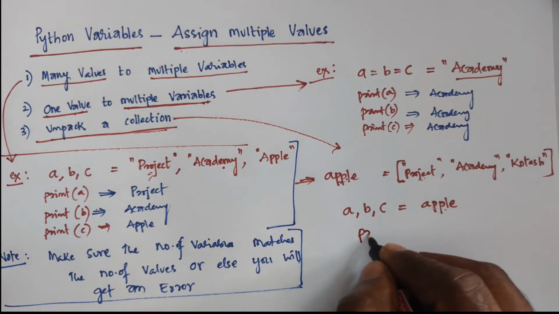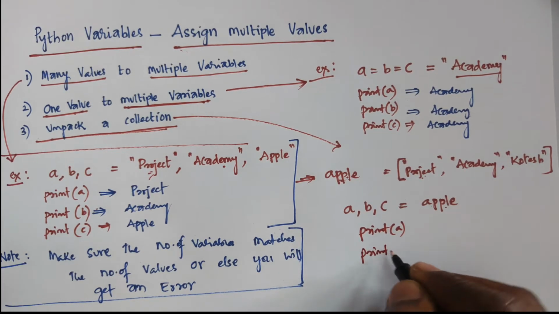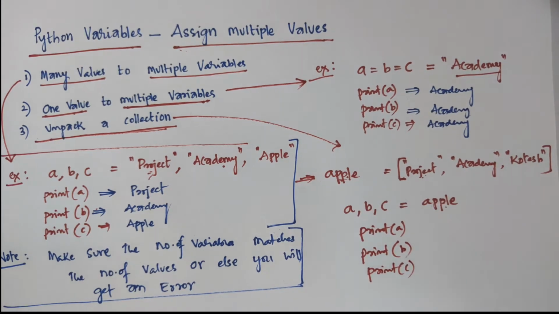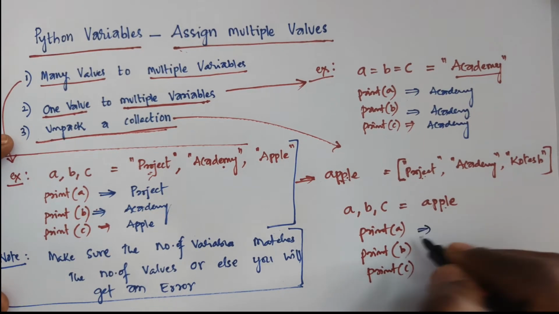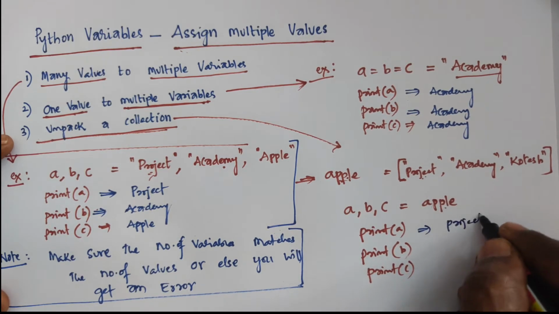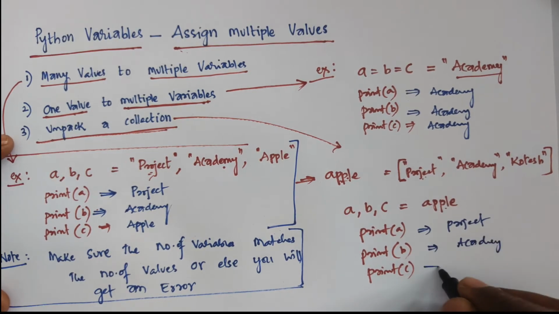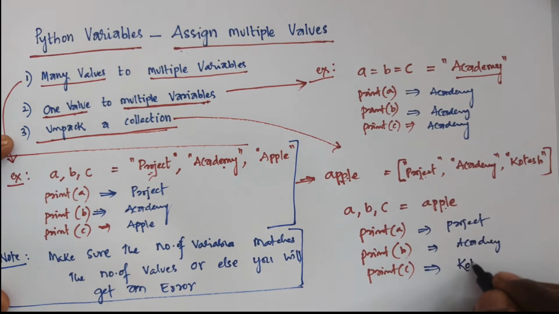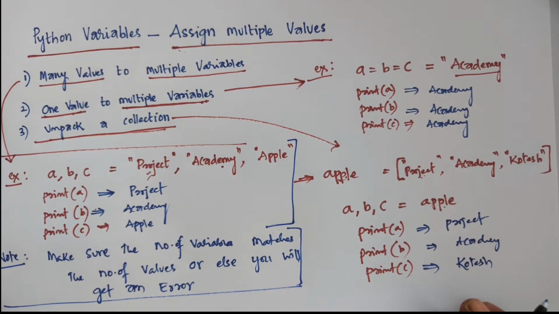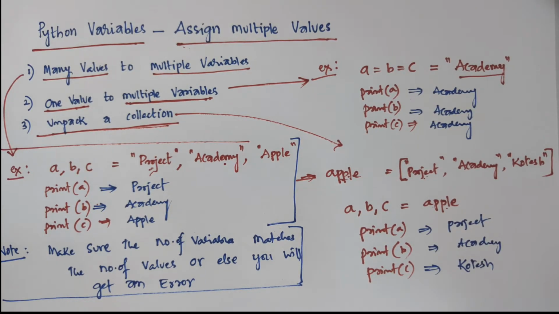Then you write print of a, print of b, and print of c. The value of a is project, b is academy, and c is quotation. So, this is the best example for Python variables, assigning multiple values. Thank you.